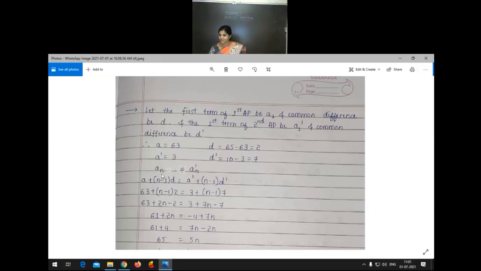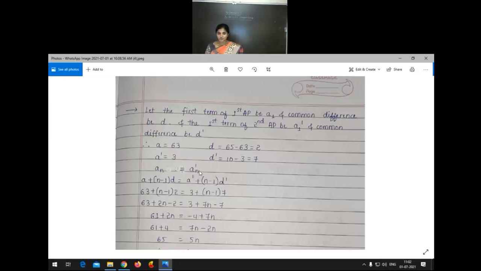Now what is given? For what value of n are the nth terms of both the APs equal? The nth term of the first AP we take as An, and the nth term of the second AP as A dash n. They are equal, so we take the condition An equals An dash.